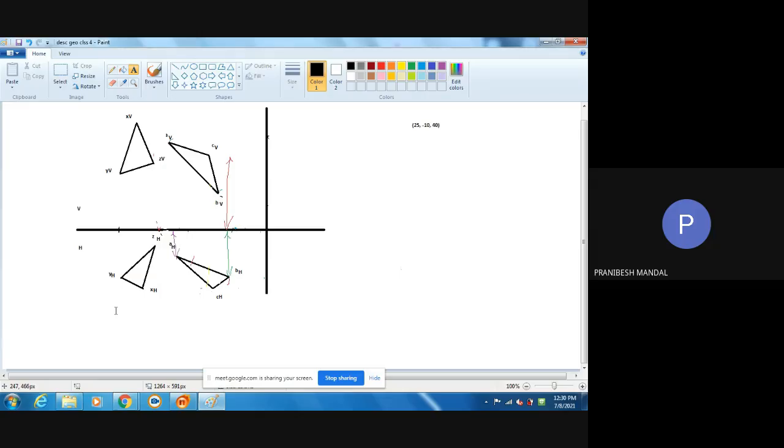Yes or no? Yes, sir. So how to get it? I am having any plane at its edge view. Okay, so let me have a plane in its edge view. How to get it?